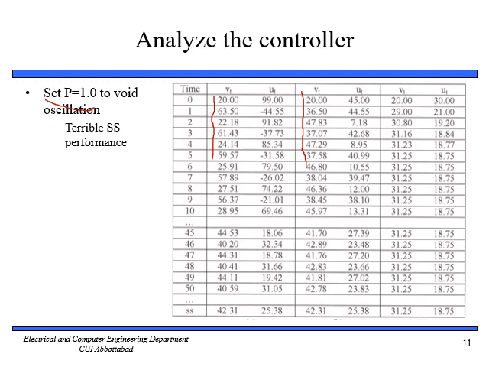So we can set P to be 1, so the tracking will slow down. Here you can see we have improved the oscillation: 20, 29, 30, 31, 31, 31, 31.25.